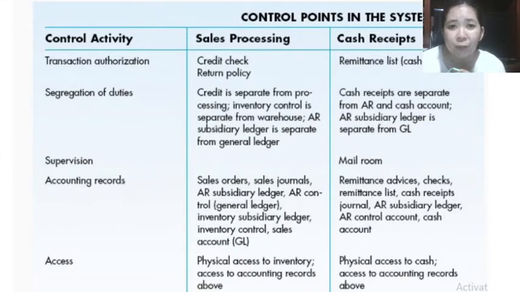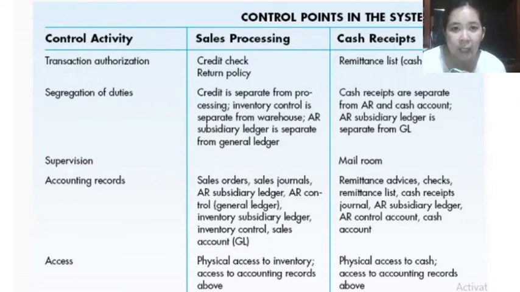For the segregation of duties, for the sales processing, credit is separate from processing, and inventory control will also be separated from the warehouse. The AR subsidiary ledger will also be separated from the general ledger, meaning this can be handled by two different persons. For cash receipts, your cash receipts should be separated from AR and the cash account, and your AR subsidiary ledger will also be separated from the general ledger.